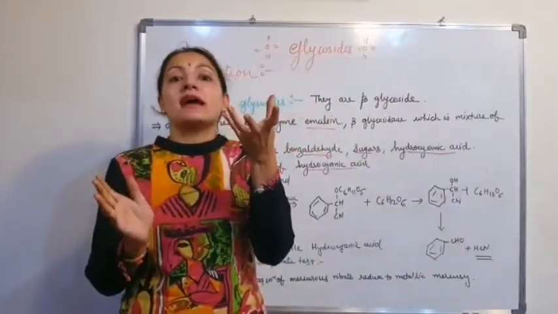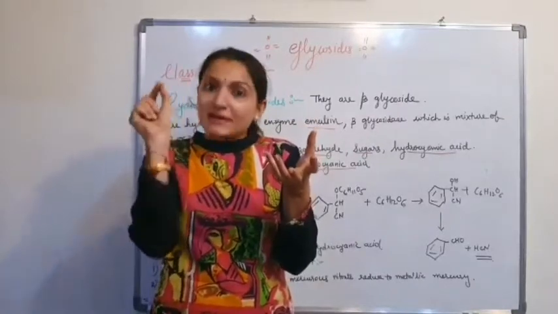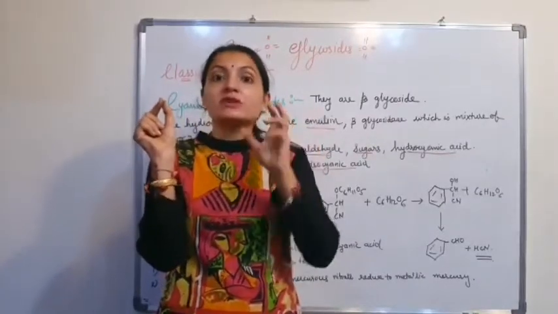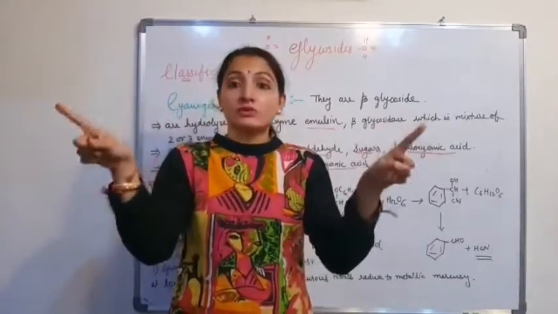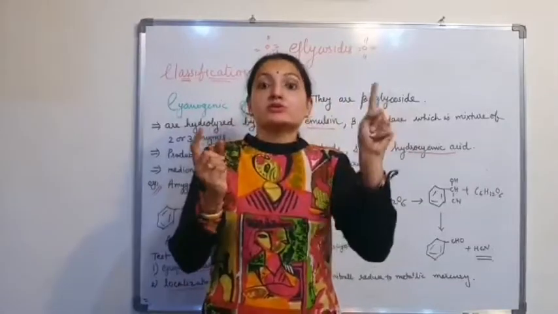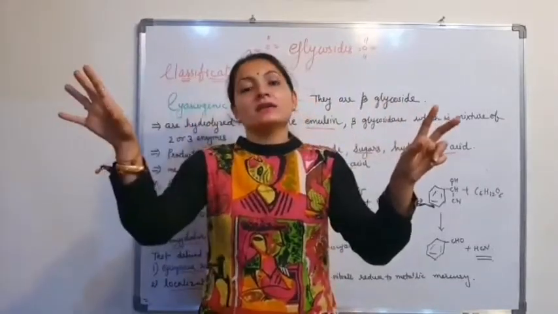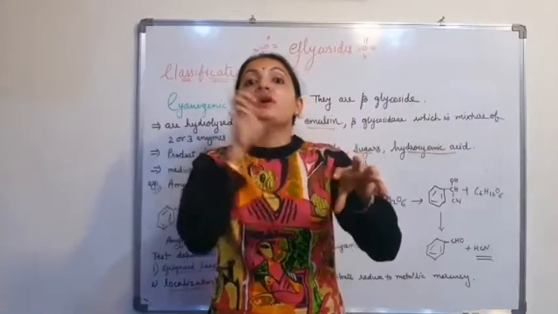This hydrocyanic acid meets the filter paper containing sodium picrate. Why sodium picrate? Because we add picric acid, then sodium carbonate; in both solutions we dip our filter paper, so the filter paper ends up containing sodium picrate.